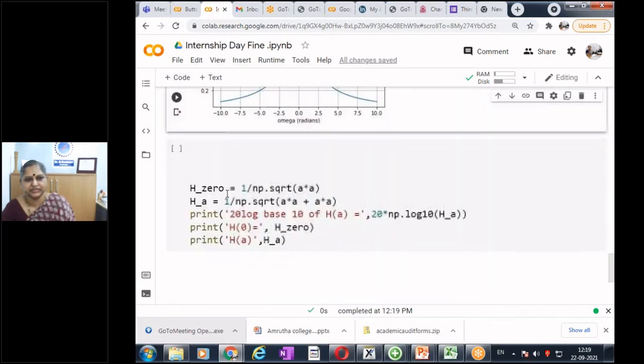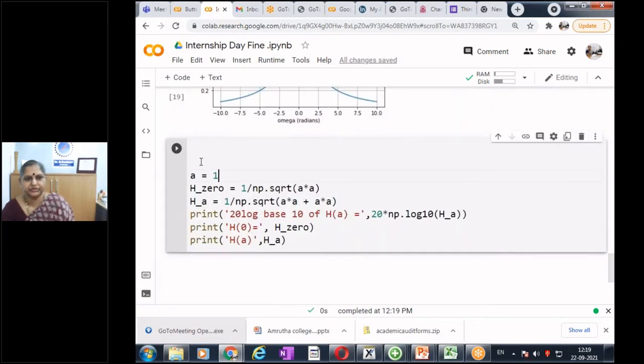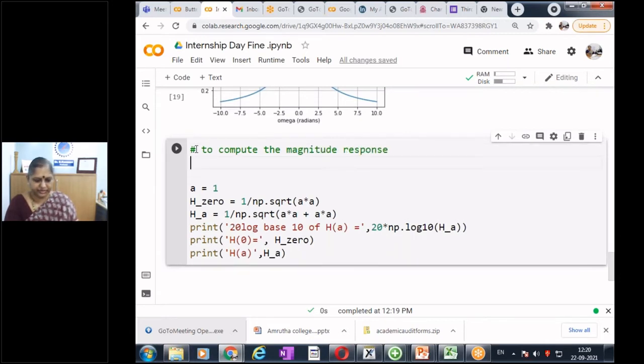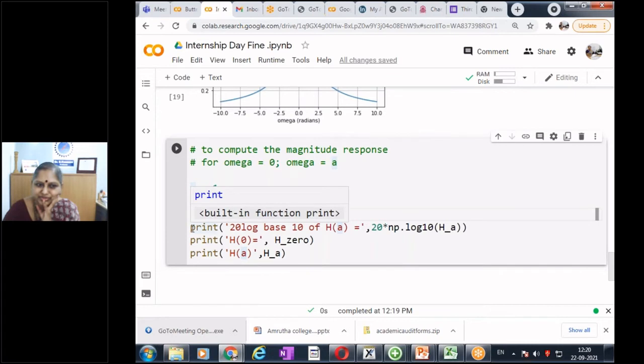So here what we are trying to do is to compute the magnitude response for omega equal to 0 and omega equal to A. Okay, I will remove this also.